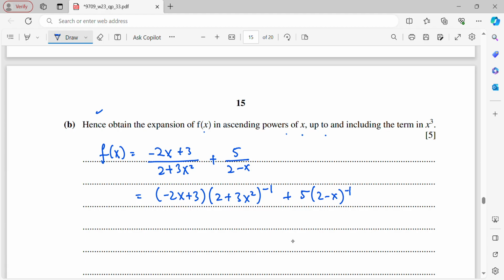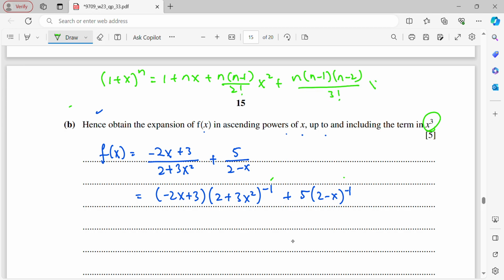Since both terms have power of negative 1, I have to use the binomial expansion: 1 plus x to the power of n equals 1 plus nx plus n(n minus 1) over 2 factorial x squared plus, because it's up to x cubed, n(n minus 1)(n minus 2) over 3 factorial x cubed.